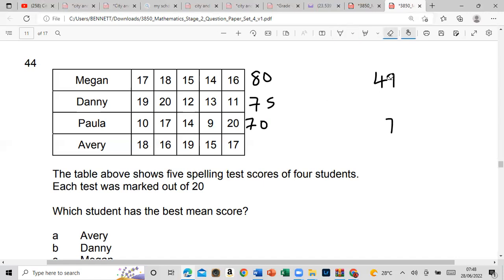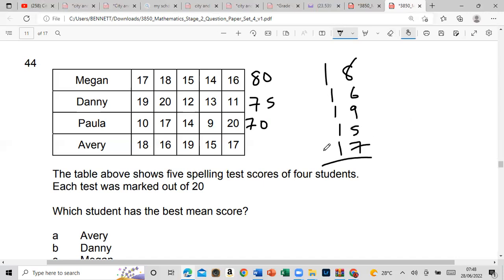So 18, 16, 19, 15, and 17. I think it's this one. 1, 2, 3, 4, 5. All right, so 7, 9, 12, 19, 25, 33. And that 82. So that would be Avery. So that's A.